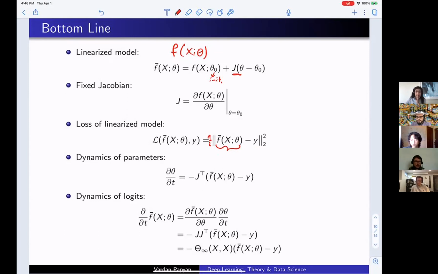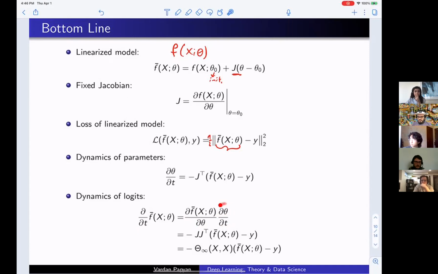Okay. And so notice that at this point, we can look at the dynamics of the logits. If you write the dynamics of the logits f bar with respect to time, using the chain rule, you get df over d theta times d theta over dt. Just chain rule.